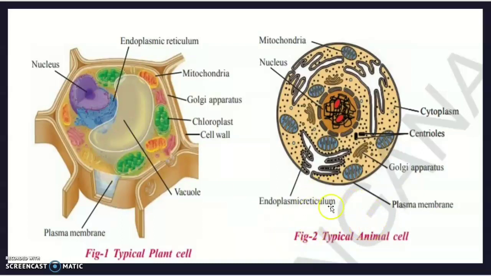If we take the animal cell, the centermost one is nucleus. Outer membrane is called plasma membrane. Okay. This is Golgi body, endoplasmic reticulum, centrioles, cytoplasm, mitochondria. These are the parts present in both the cells.